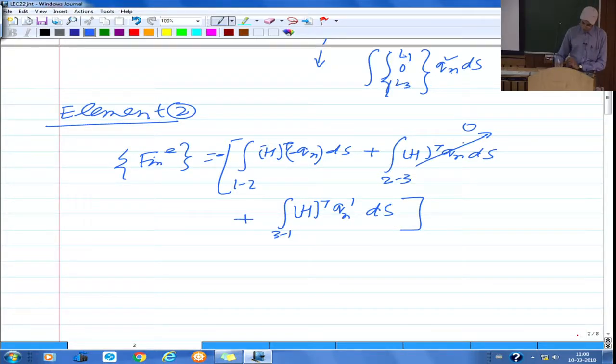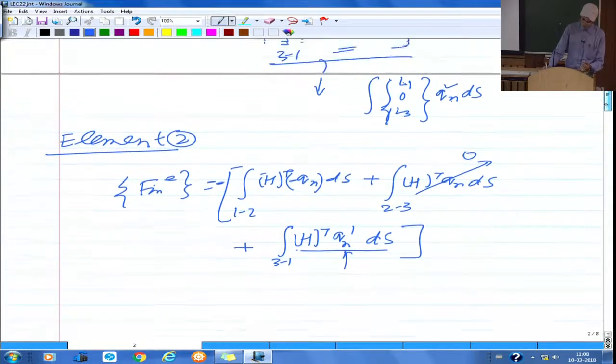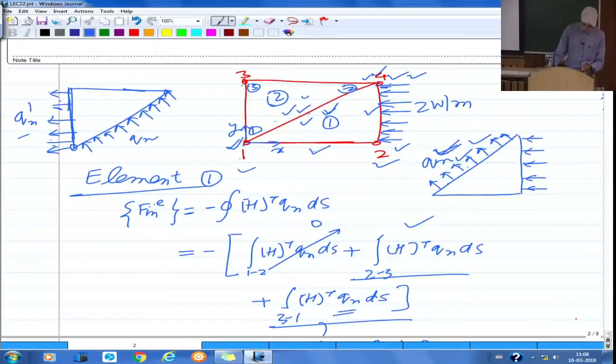Now this is already 0, and this is actually an unknown quantity, so we cannot exactly evaluate this integral, but we can say which elements of H transpose, which is going to be a 3 by 1 vector, are going to be non-zero. Going from here to here, the shape function along this boundary is going to be 0.